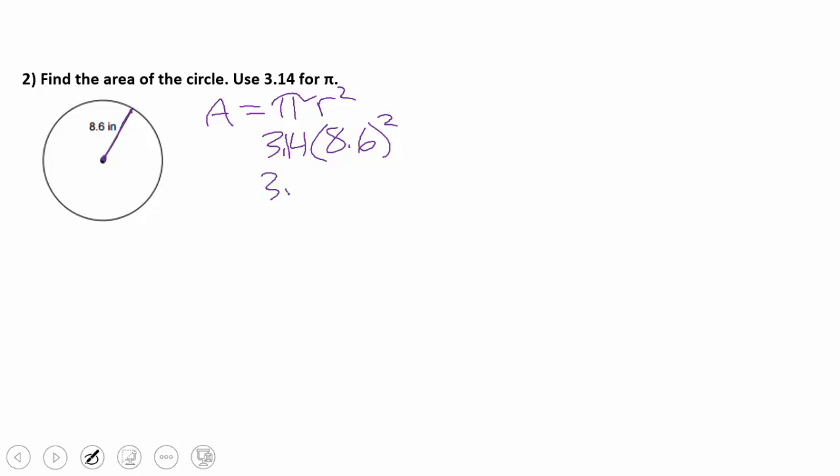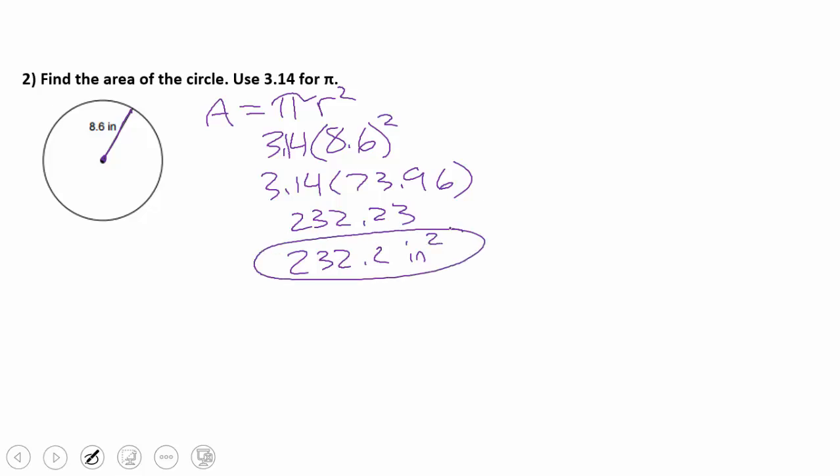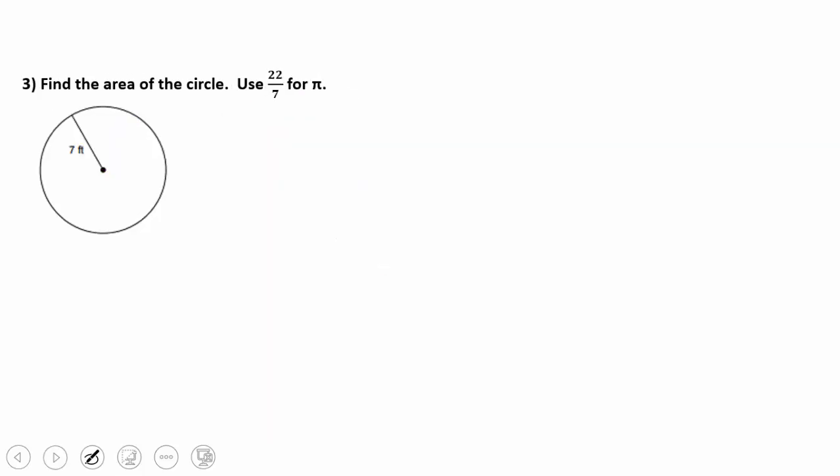Squaring first, you get 3.14 times 73.96. So 8.6 squared is 73.96. And then when you multiply that out, you get 232.23, to the nearest tenth, 232.2. Our units are inches, and of course, it's area, so we square it.